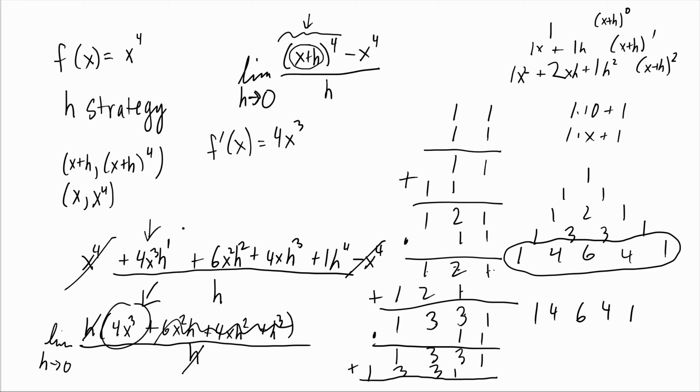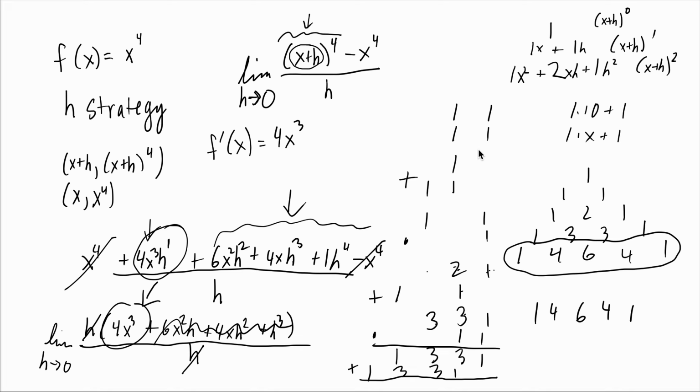So really we only need to concentrate on this one, and remember that the rest of them will have higher powers of h. So when we cancel out just one power of h, there's going to be more powers of h, and when you plug in 0, it's going to go away. So really in your description we could have simplified our work a little bit if we realized that's really what was happening.